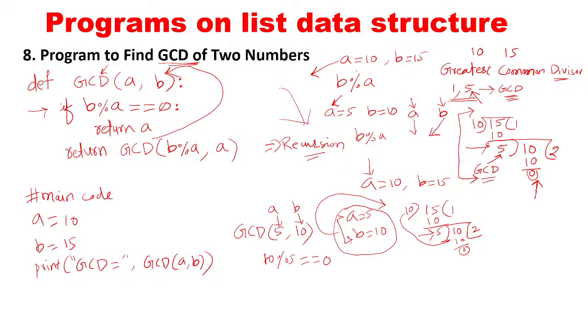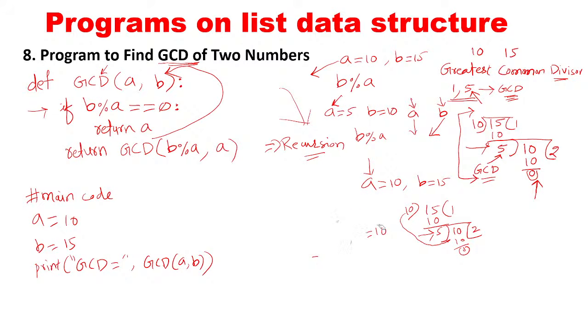Instead of that, let us verify what happens if I give the big number first and the smallest number next. Let me create some space and take these two numbers.